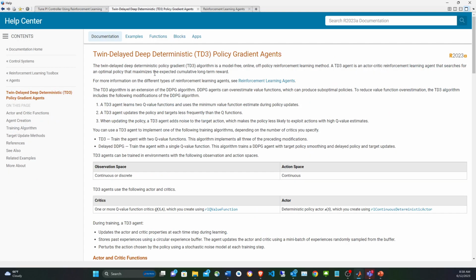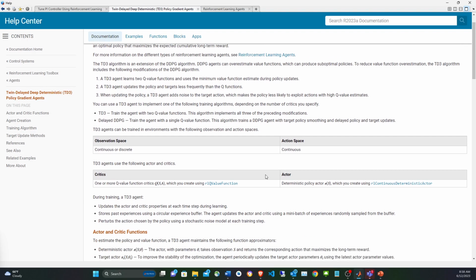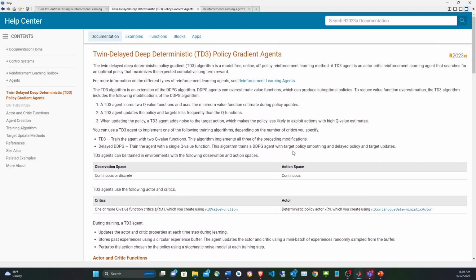This is the Twin-Delayed Deep Deterministic Policy Gradient agent. It is an agent based on DDPG, like an improvement on DDPG, and one of the main features is that it's going to have a couple of critics. Both the action space and the observation space are continuous. So let's take a quick look. It's gonna perturb the actions chosen by the policy using a stochastic noise model.